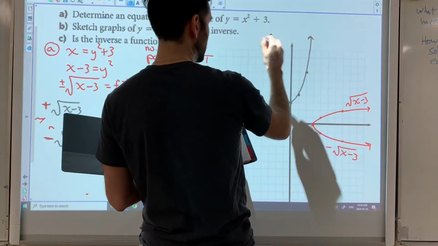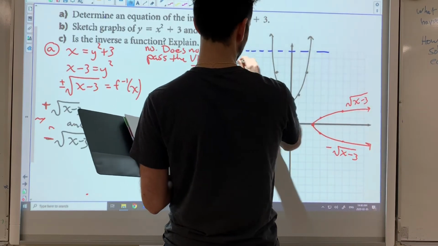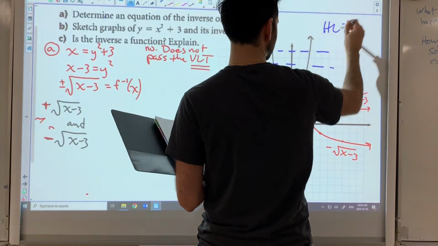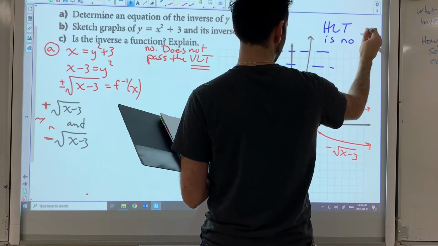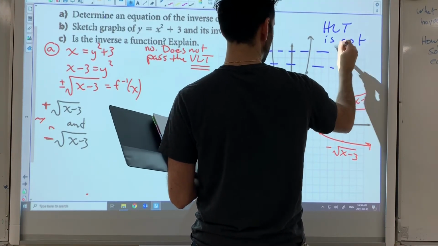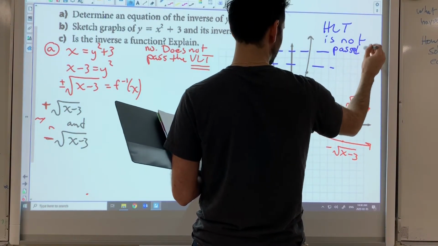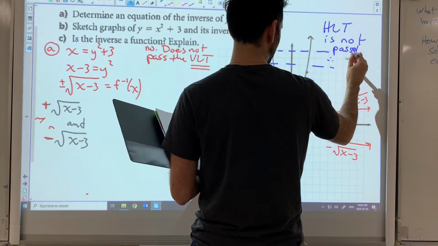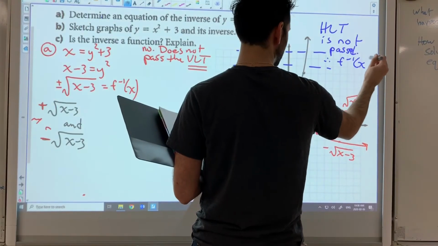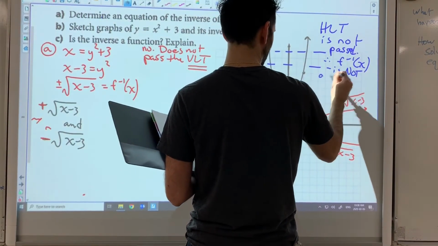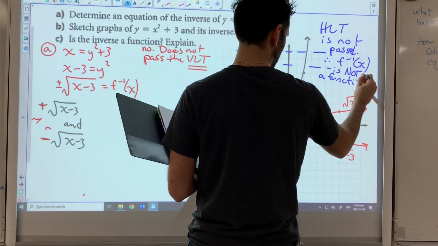This is a function. The inverse, if you look at it this way, there's lots of places where it does not pass the horizontal line test. So horizontal line test is not passed. Therefore, the inverse, f to the -1 of x, is not a function. So they might give you a question like that.